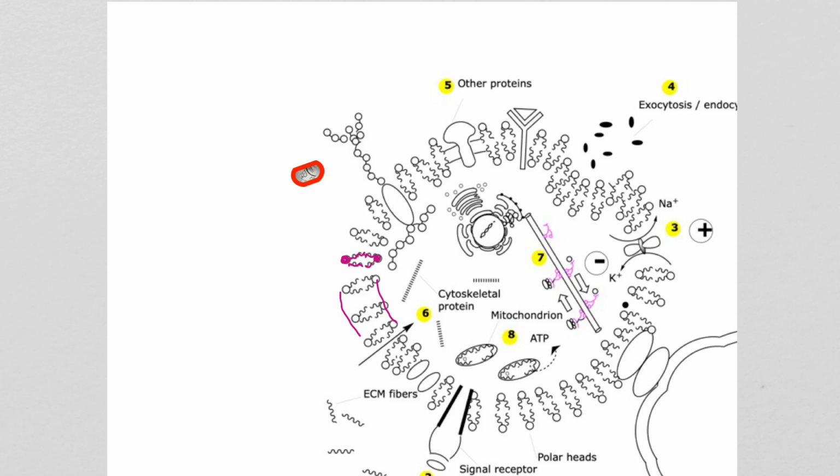So you see the heads basically moving around. This looks like a sea, a sea with things floating inside. Again, that's what a plasma membrane is. It's not really a liquid or a solid. We call it a fluid.